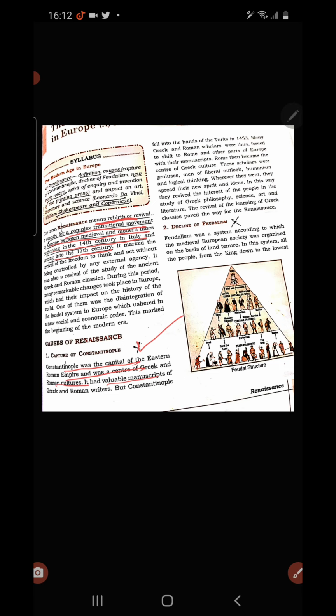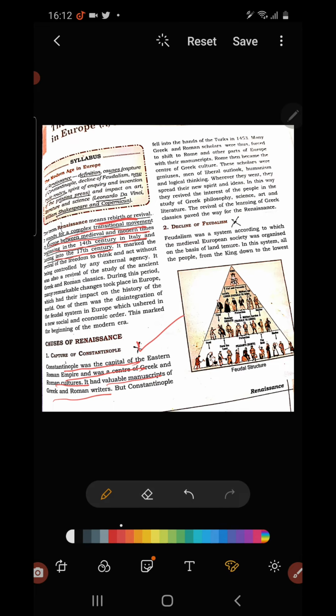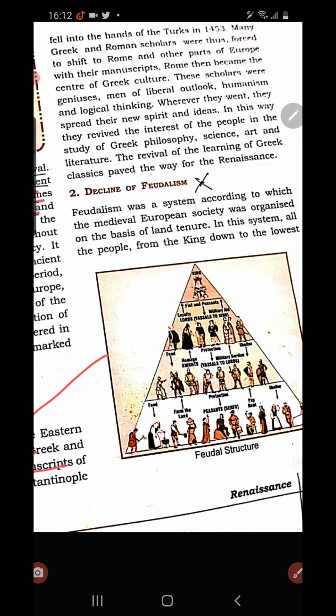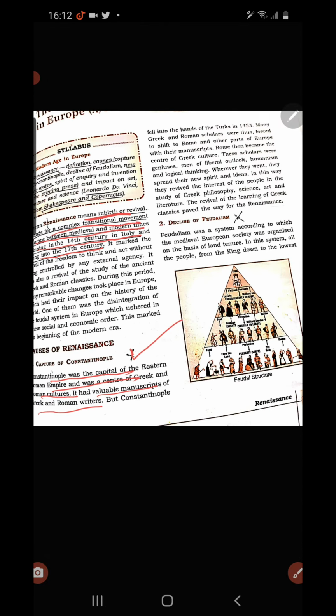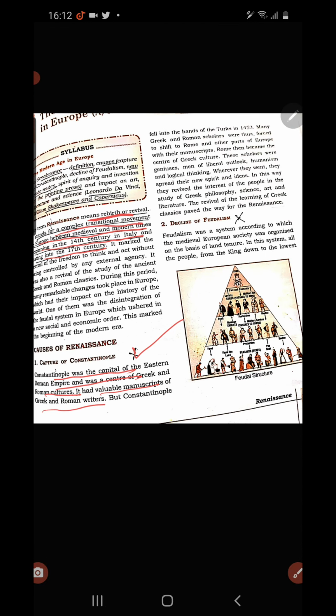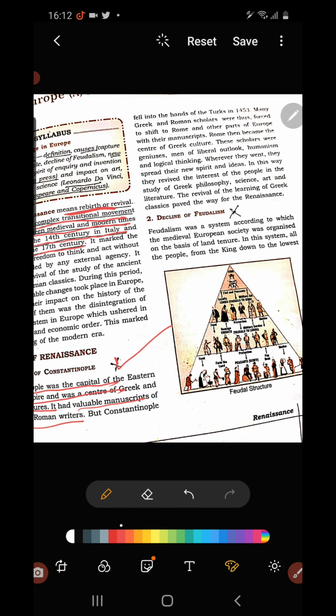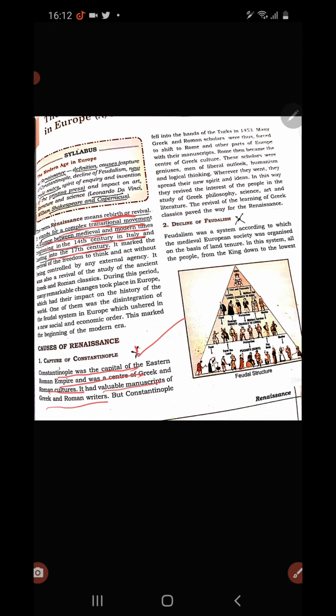It had valuable manuscripts. Constantinople was the capital of what? The Roman Empire. The Roman Empire was divided into the Eastern Roman Empire and the Western Roman Empire. So Constantinople was the capital of the Eastern Roman Empire.